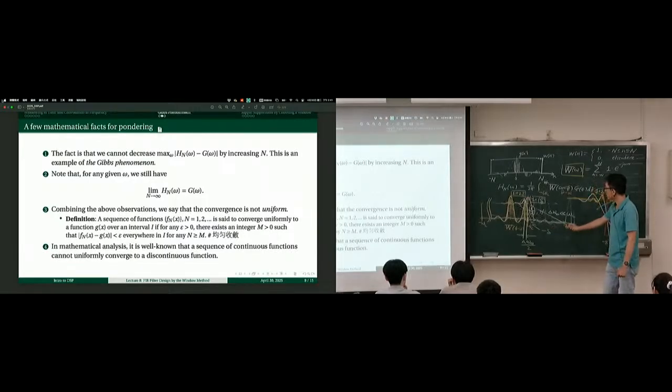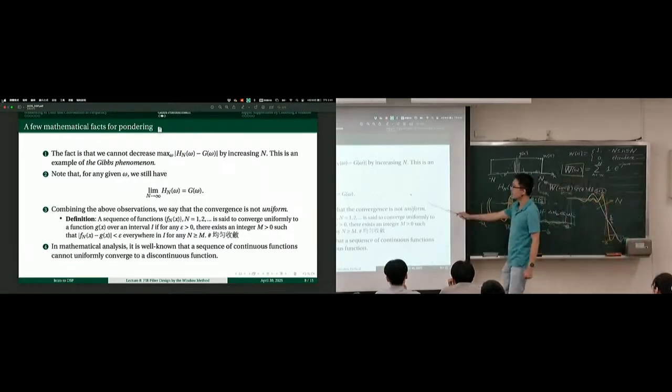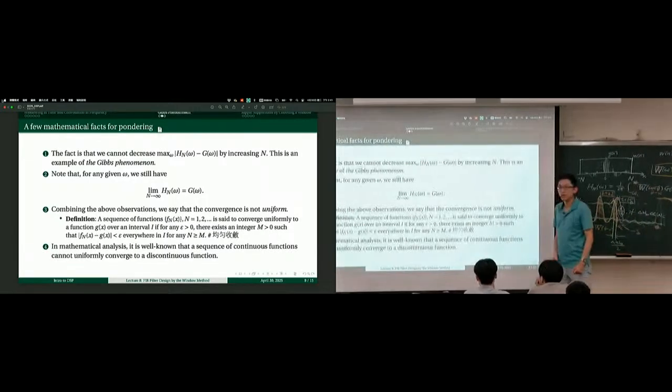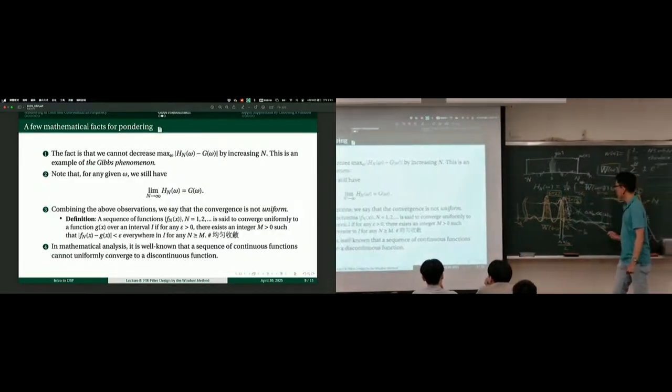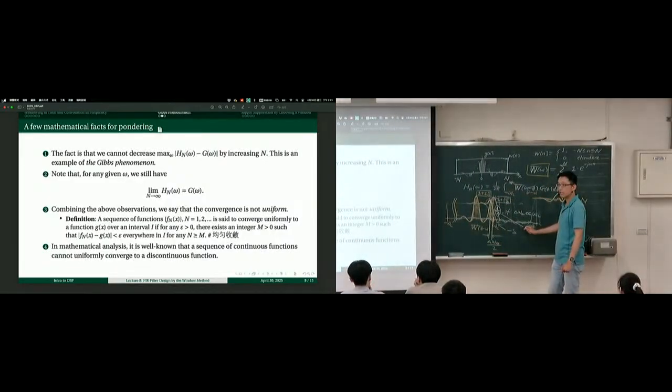If you talk about every omega, indeed it approaches the ideal as long as you keep increasing n. Eventually, your response will converge to 1 for the pass band and 0 for the stop band. That convergence eventually will be true.